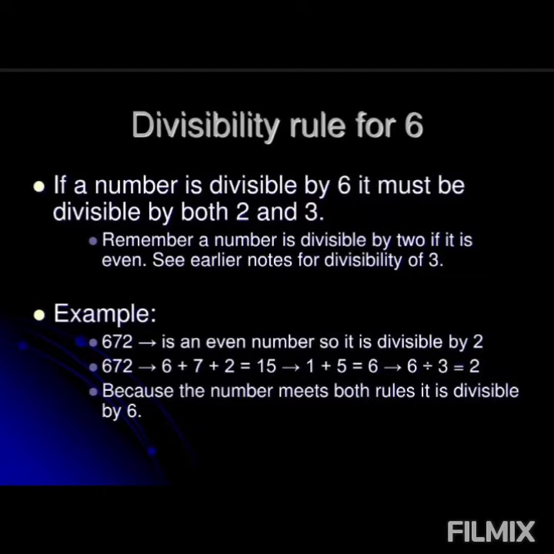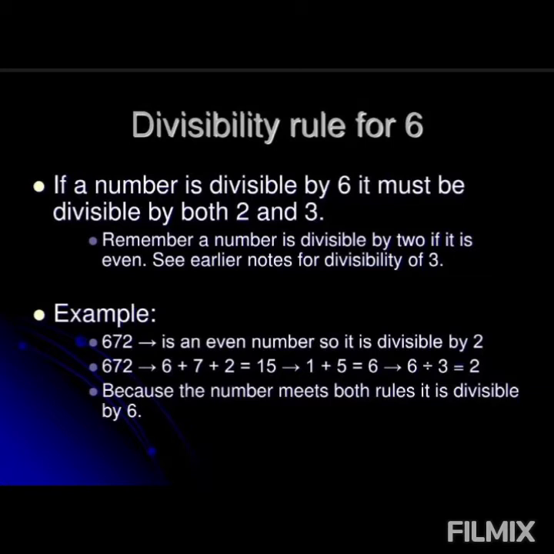So let us take an example, 672. Here the last digit, that is the ones place digit, is 2. It means that the number is divisible by 2. Now we will check whether this given number is divisible by 3 or not. So 672. 6 plus 7 plus 2 is equal to 15.